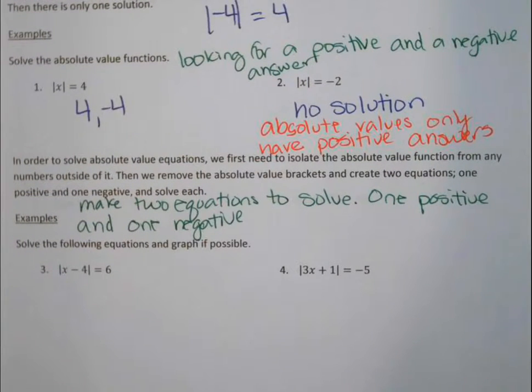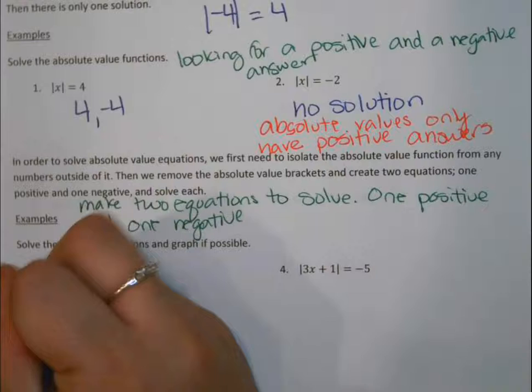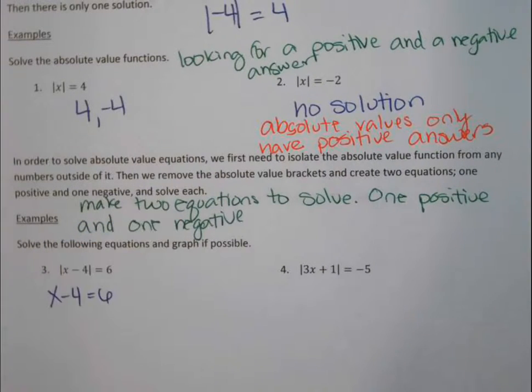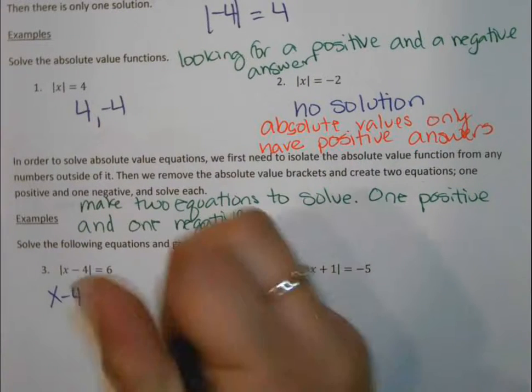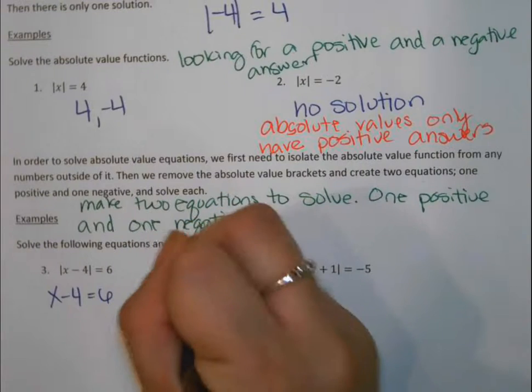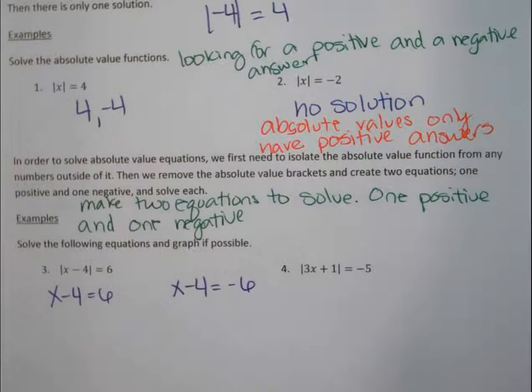So again, I'm going to start off. I have x minus 4 equals 6. That's normal. I just got rid of the absolute value symbols. And then I have a second equation I'm going to write. x minus 4 equals negative 6.